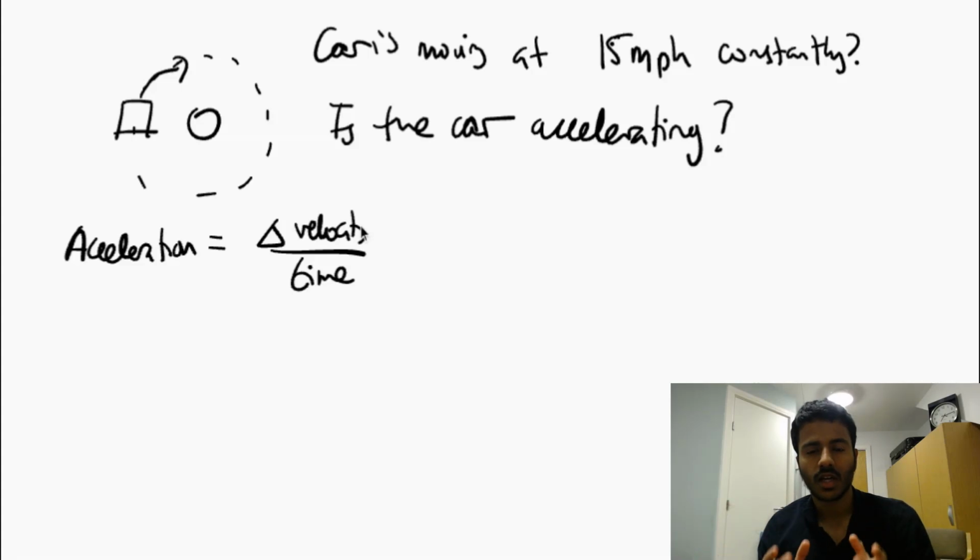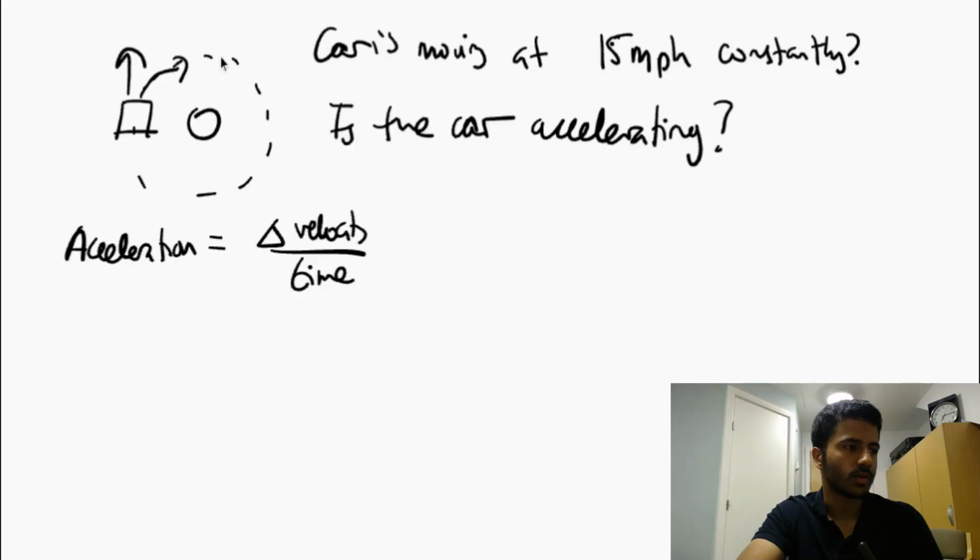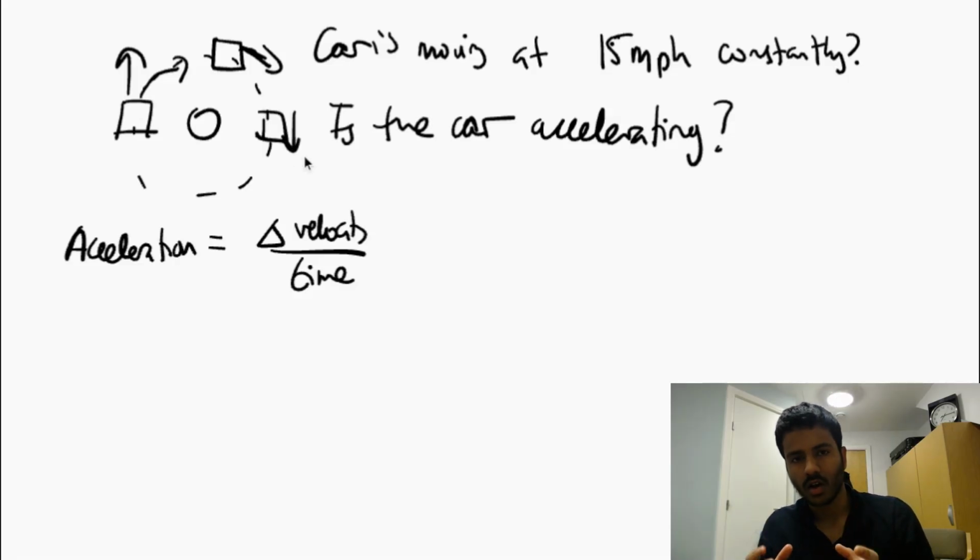The speed is the magnitude of the velocity. So the magnitude is not changing. But you can clearly see that as this car goes round the roundabout, the direction of velocity is always tangential to the circle. So you can see the direction of the way the car is moving is always changing.